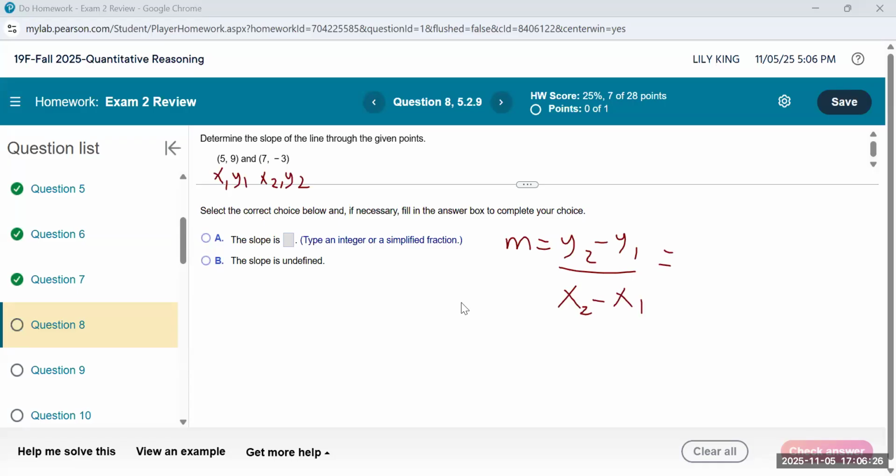So y2 is -3, y1 is 9, x2 is 7, x1 is 5. So we have -12 divided by 2, and this is -6. So the slope is -6.